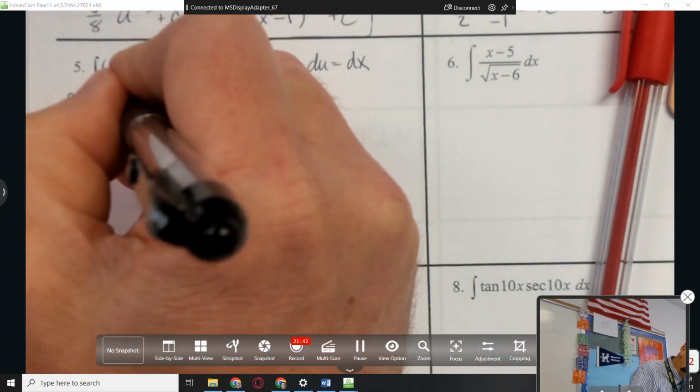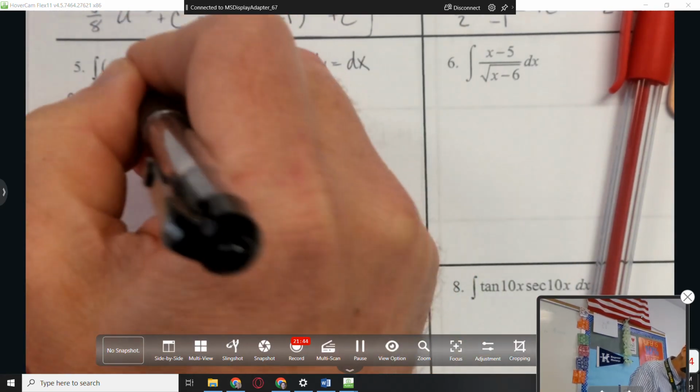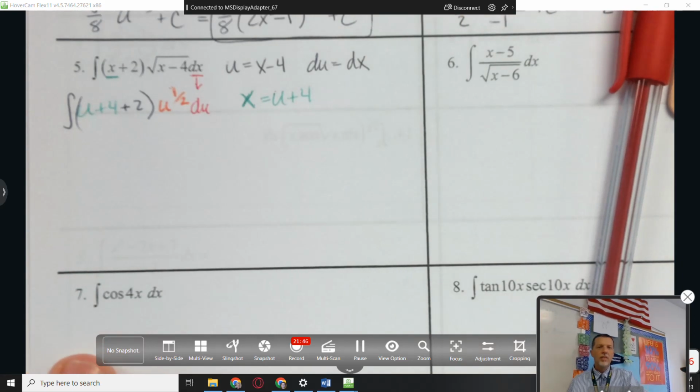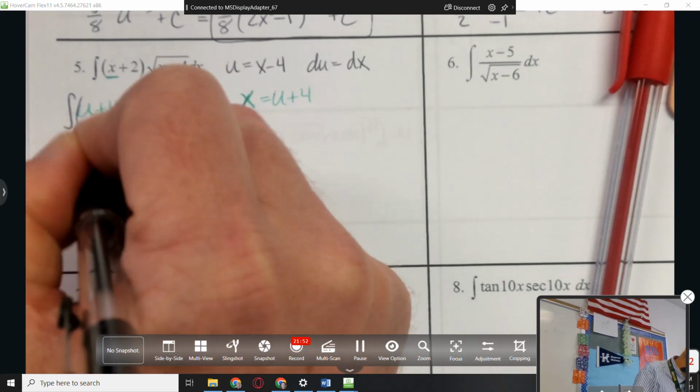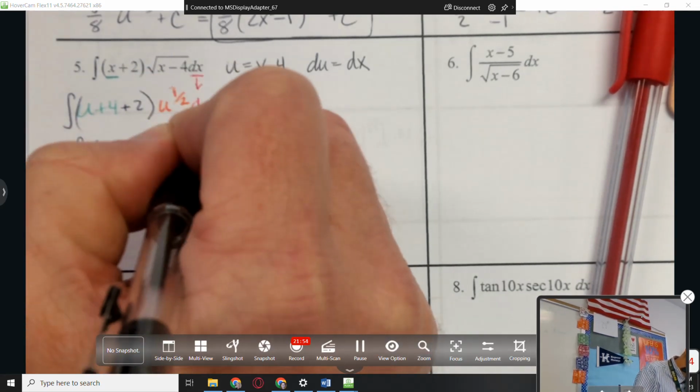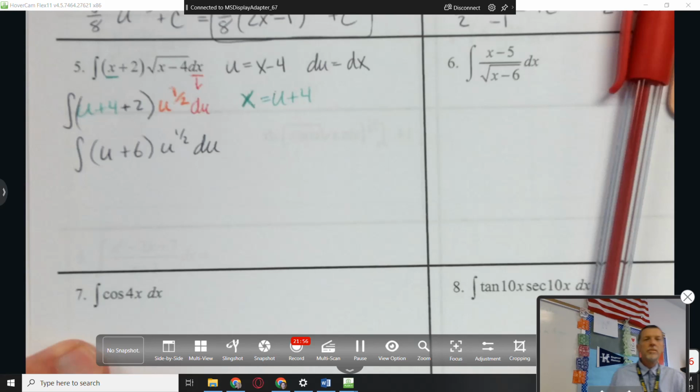Now, there's still a plus 2 there. That's what makes this annoying. So it turns into u plus 6, times u to the 1/2 du.